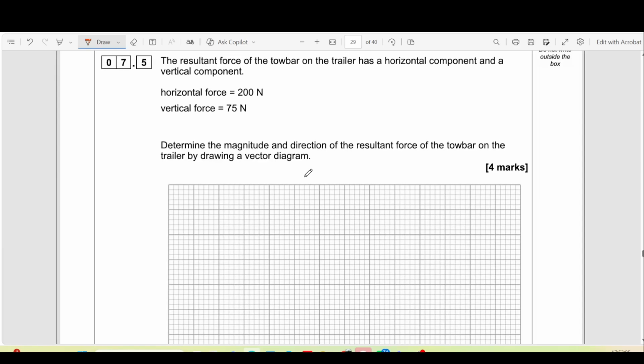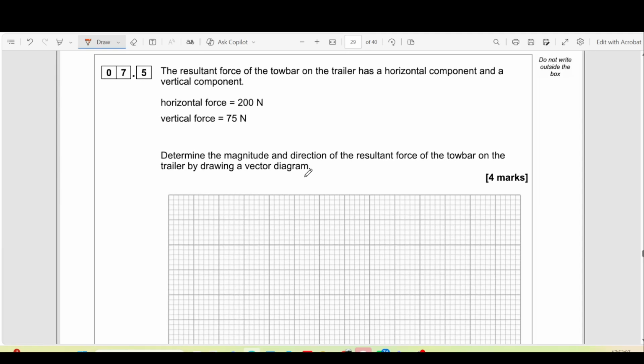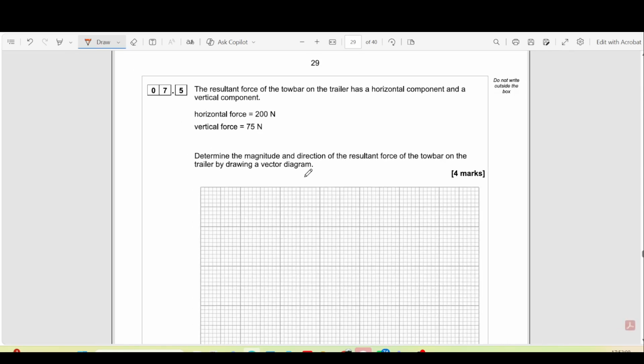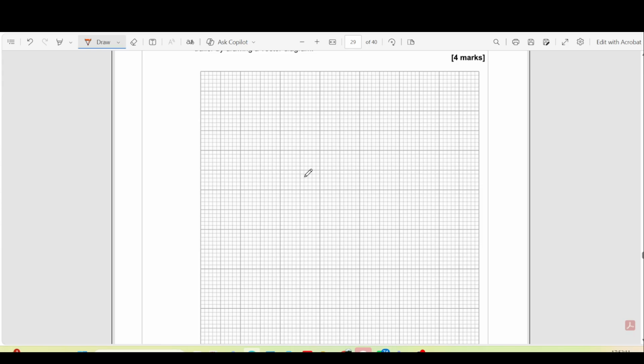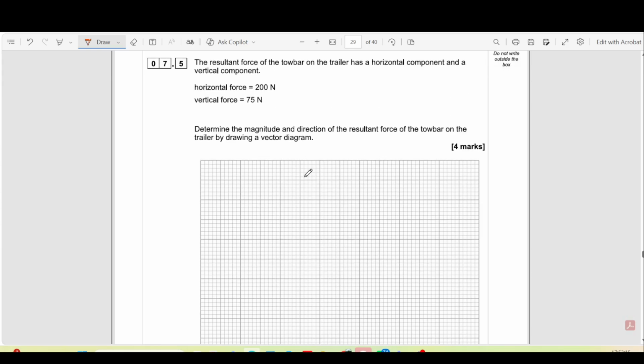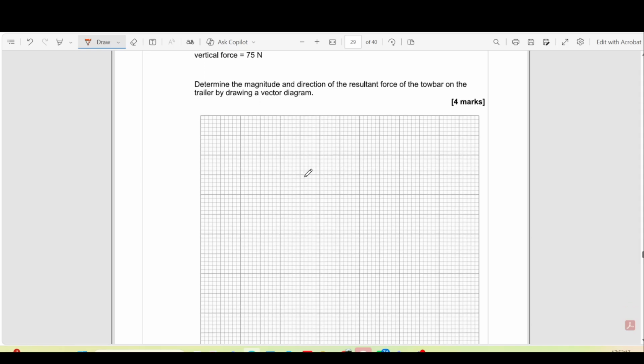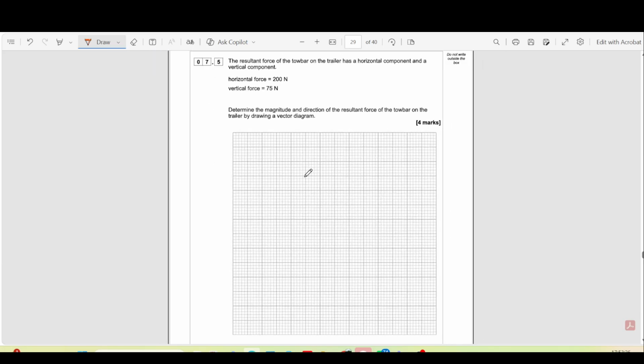The resultant force of the tow bar on the trailer has a horizontal component and a vertical component. Horizontal force equals 200 newtons, vertical force equals 75 newtons. Determine the magnitude and direction of the resultant force by drawing a vector diagram. Okay, so horizontal force is 200 newtons and vertical is 75 newtons.